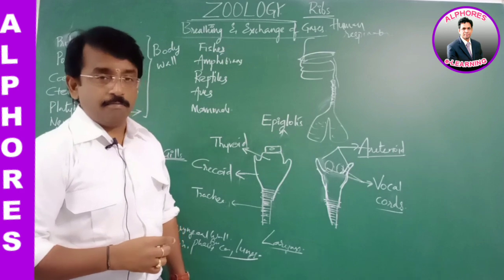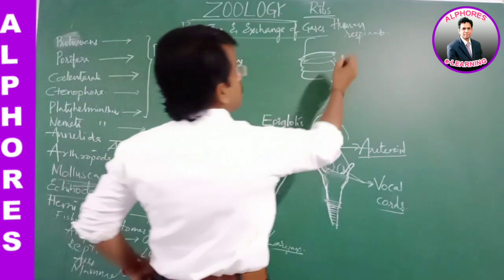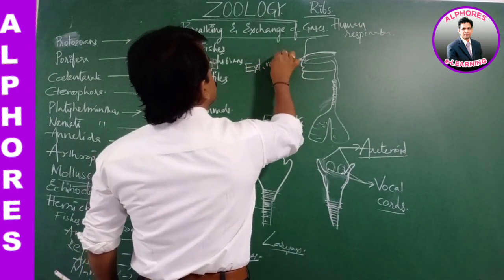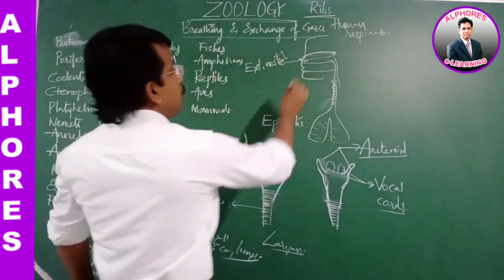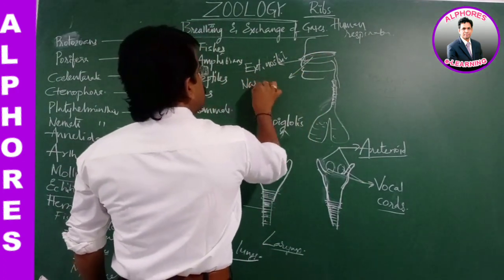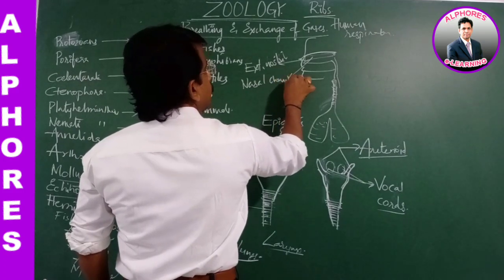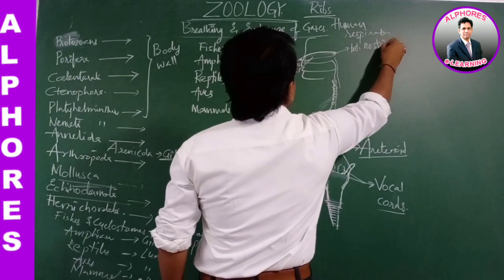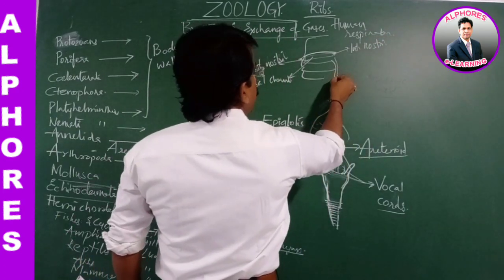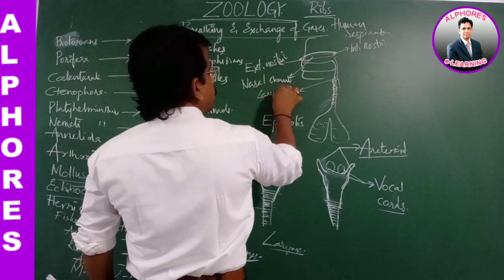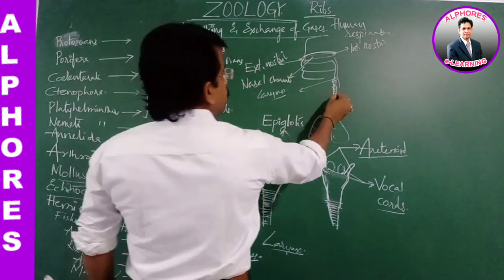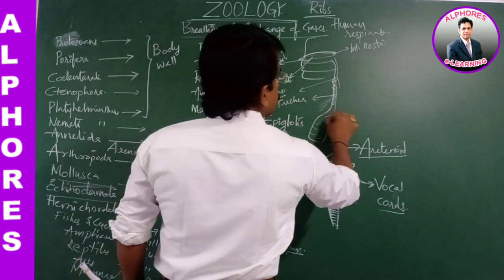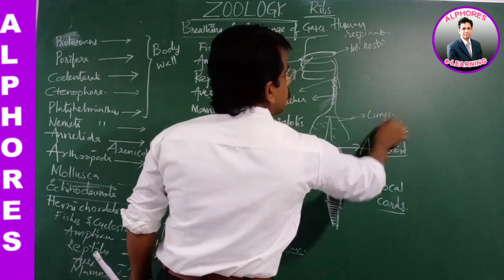The respiratory tract includes the external nostrils, nasal chamber, internal nostrils, then the larynx, then trachea, and the lungs, which are the pulmonary sacs.